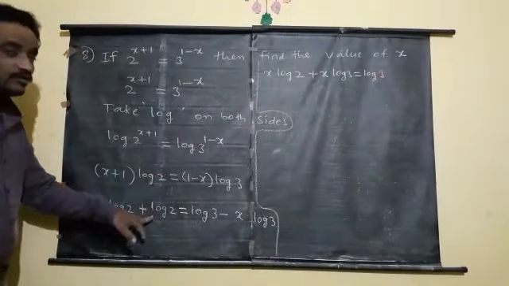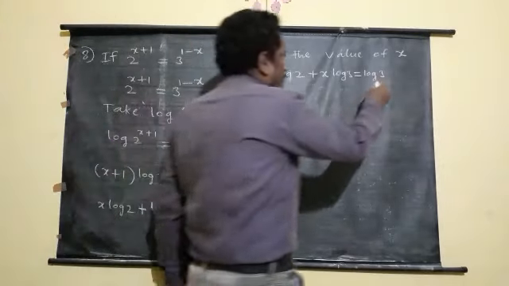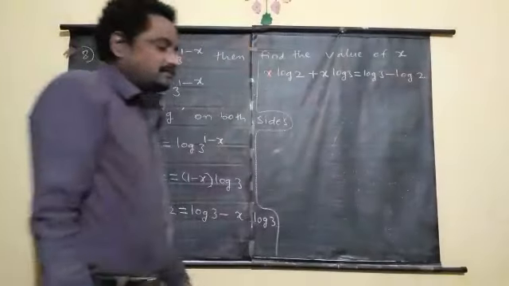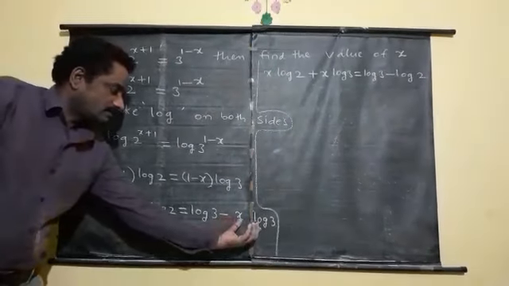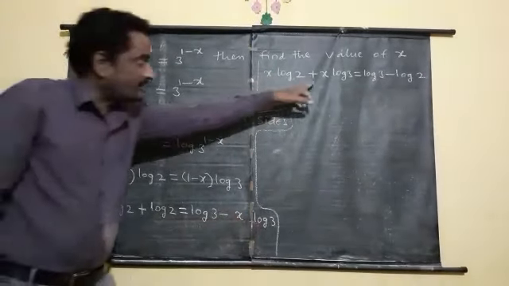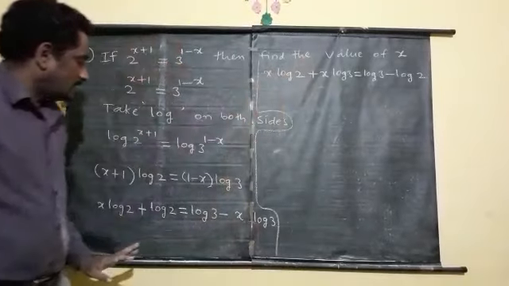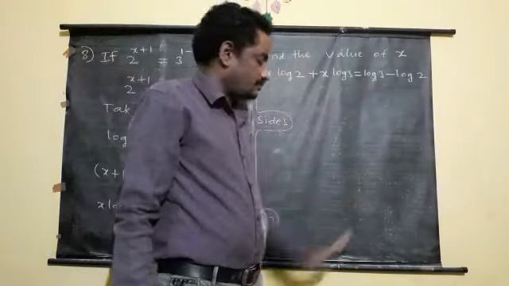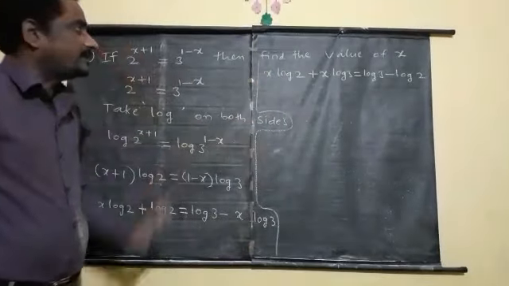And this plus log 2 we have to send right side, minus log 2. Transposing: this term we have brought left side, it became plus x log 3, and this plus log 2 we have sent right side, minus log 2. That's the only change: plus on the right side becomes minus.